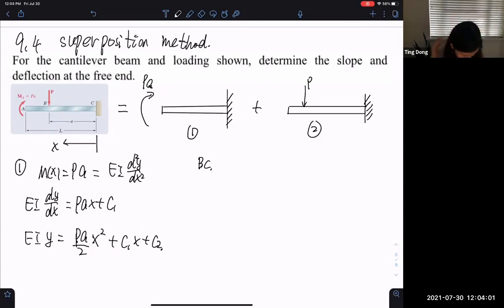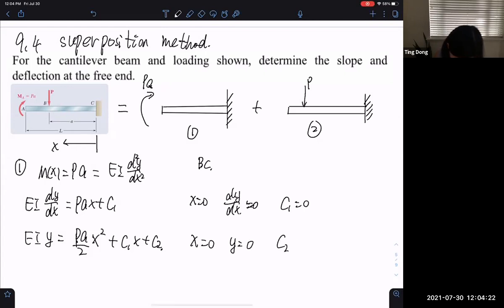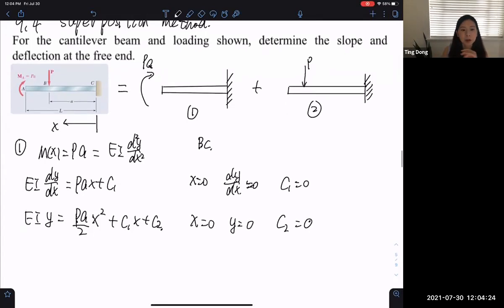From the first equation, x equal to 0, dy/dx equal to 0, so C1 equal to 0. And also at point C, the deflection equals 0. From the second equation, x equal to 0, y equal to 0, so C2 equal to 0. So the first part is super easy.